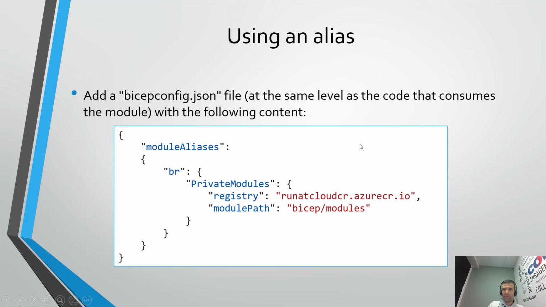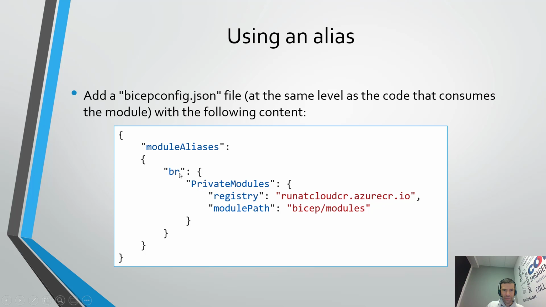As you saw earlier, the path to our module might feel a bit long. So we can rely on aliases in order to shorten that path. For that, we need to create a bicepconfig.json file at the same level as the code that will consume the module, and put the following content in that bicepconfig.json file. So we specify that we will use module aliases.